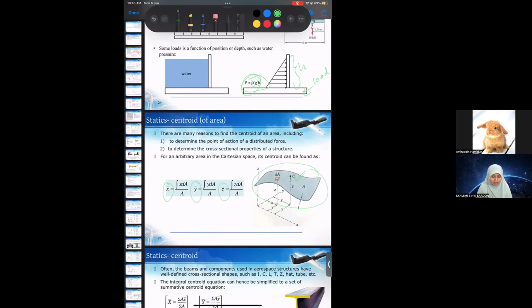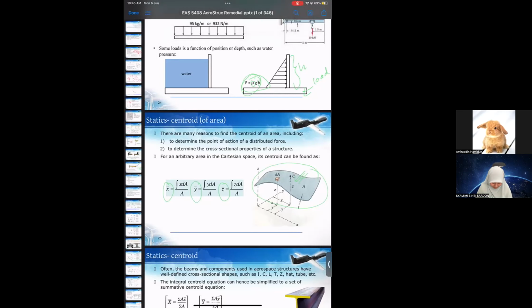It is the integral of x over the surface A, or the integral of y or z over the surface A. That is how we calculate the centroid in a Cartesian space x, y, z.